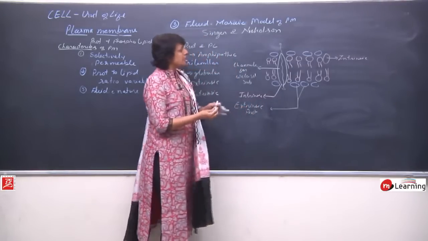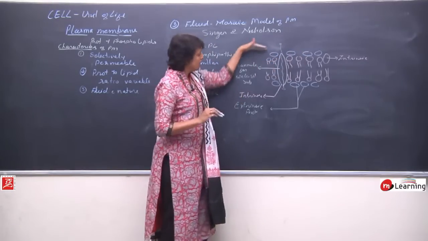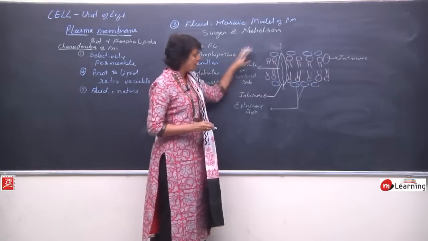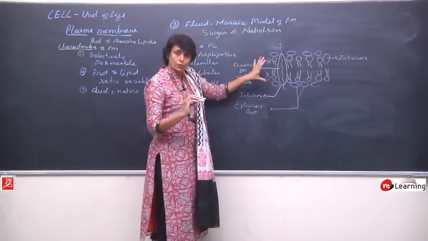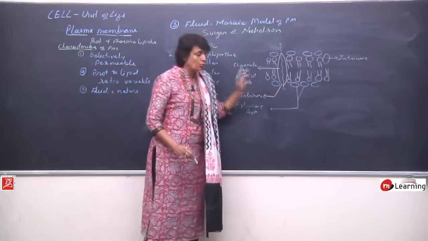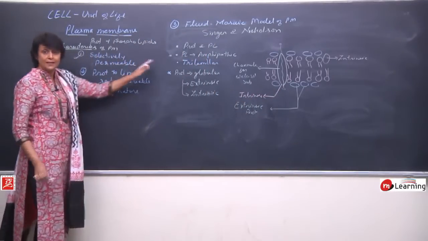And as we can see, these globular extrinsic proteins are not connected to each other. So there is no continuous sheet-like thing which is formed. Phospholipid molecules, same. So now water soluble substance can go through the membrane. So first characteristic proved by this model.